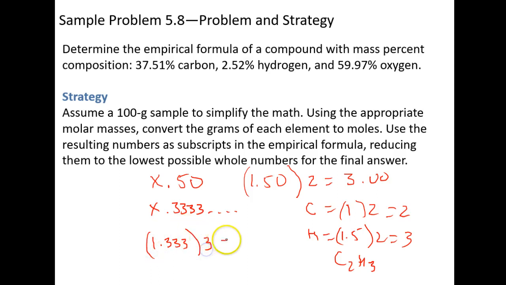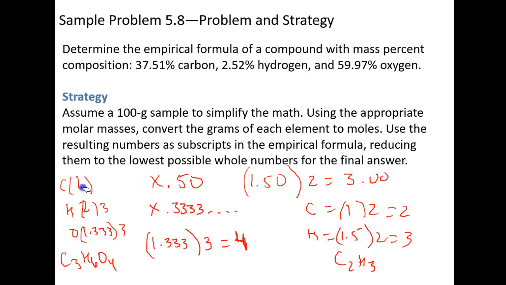Well, that would be 3. It gives you basically 3.99999, which is 4. Okay, so if you get a 1 to 2 to 1.333, okay, so carbon is this, hydrogen is this, oxygen is this, you got to multiply everything by the number 3. Okay, so you get C3H6O4.